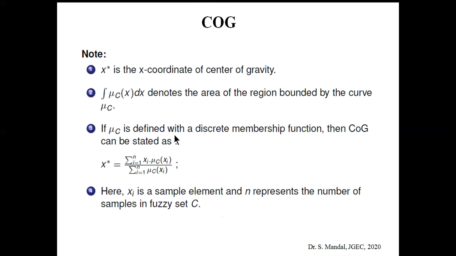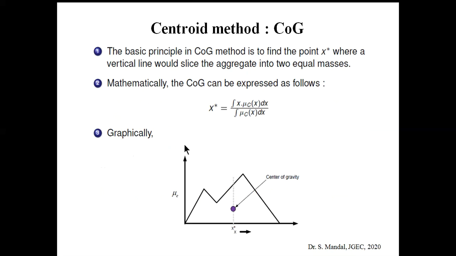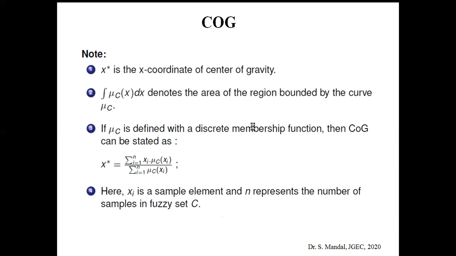That is the case where the membership function is discrete. But whenever the membership function is continuous like this graph, we need to use the integration of x mu c(x) divided by the integration of mu c(x) dx. Here it is worth mentioning that x is the sample element and n represents the number of samples in fuzzy set C.